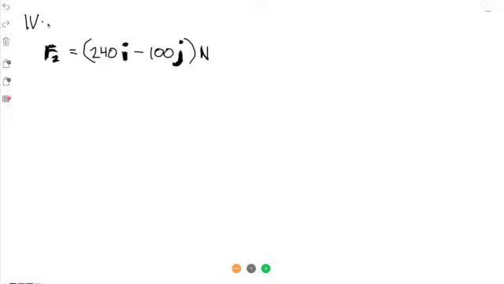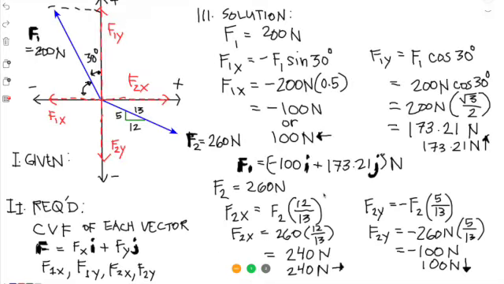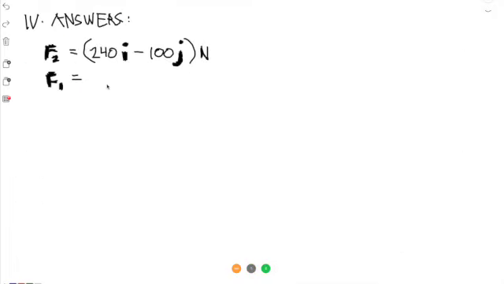So these are our answers, and let me rewrite here f1, which is, let me go back, negative 100 i plus 173.21 j newtons. Okay, so these are our final answers.